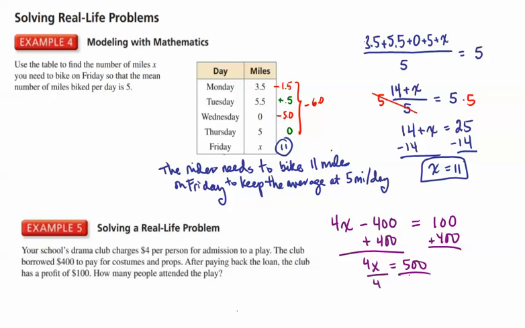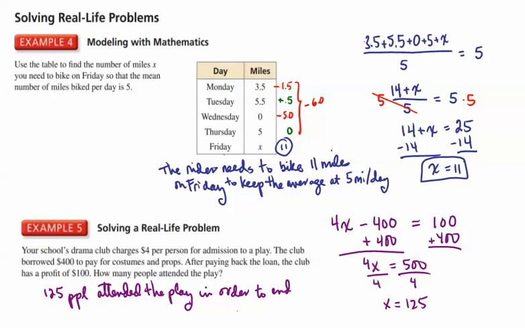Divide by 4, divide by 4, x is equal to 125. That's not $125. X is the number of people who need to attend the play, so we say 125 people attended the play in order to end with a profit of $100.